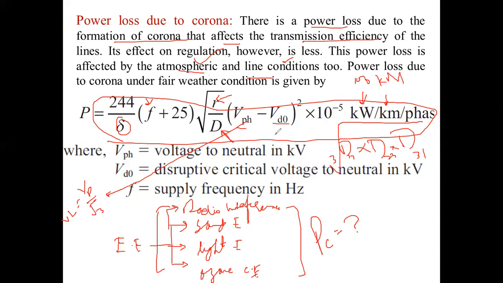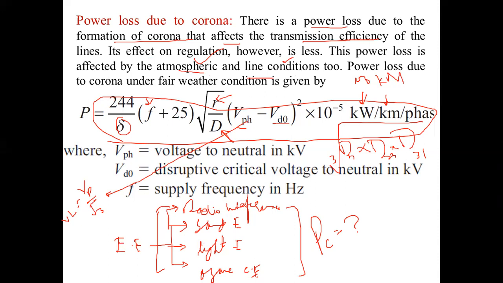And this is per phase. If you want to find it for three phases, we have to multiply it by 3.